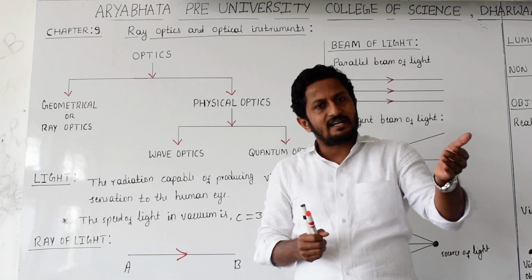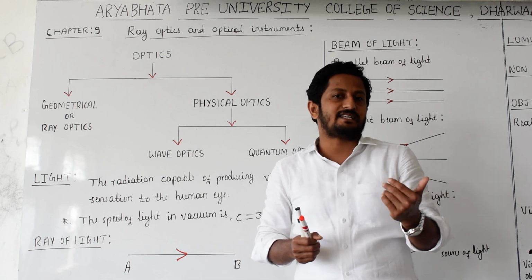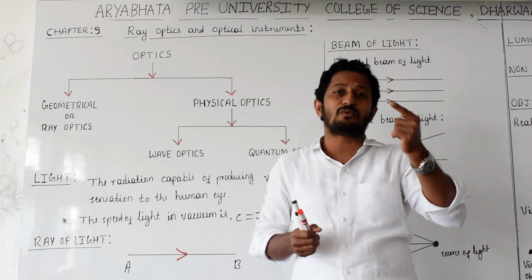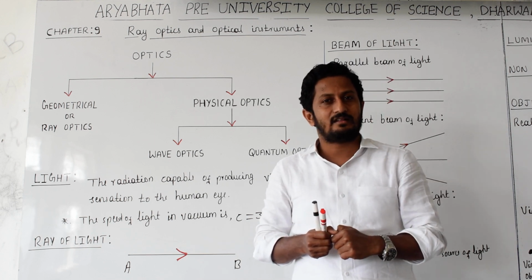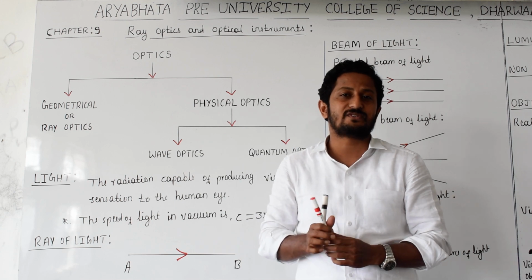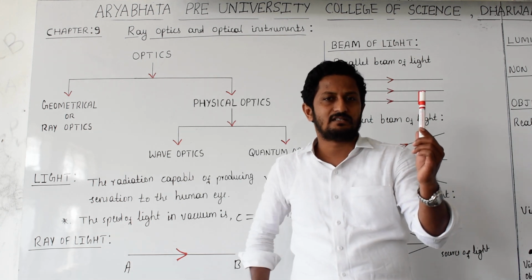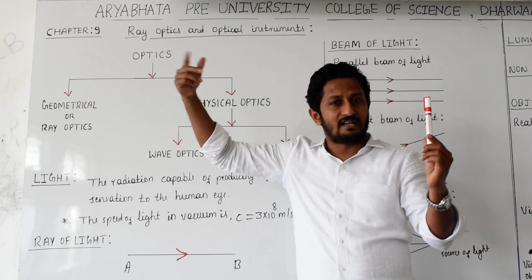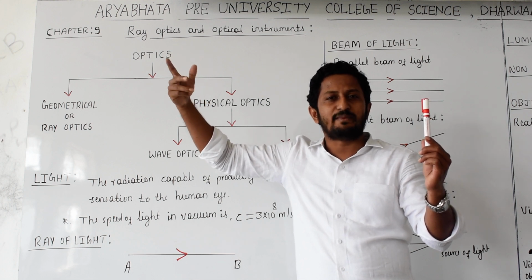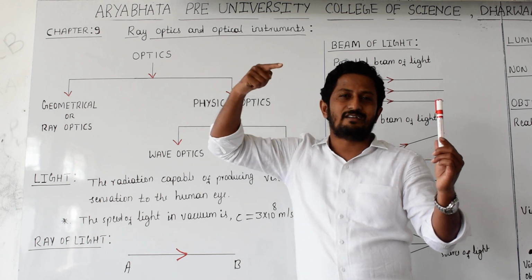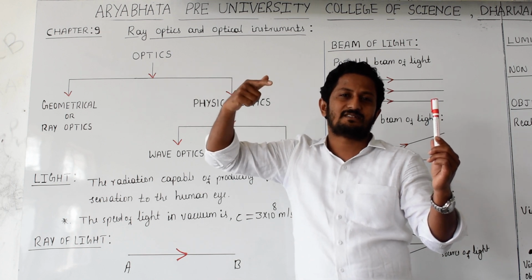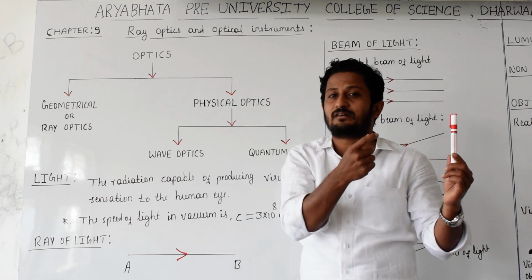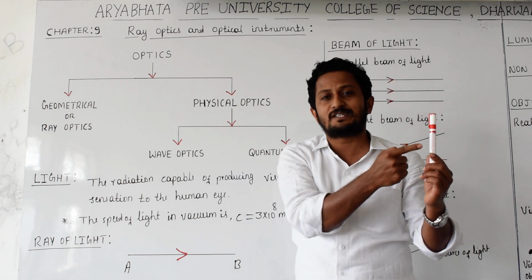When that re-emitted energy from the respective object enters your eye, what happens? You see here there is a marker. Somewhere here the sun is there. From that sun, the light energy is emitted and propagates through space, through this vacuum, and comes near the earth and falls on this marker.